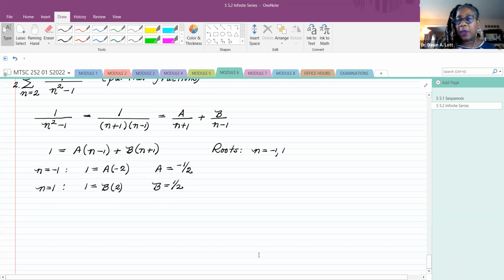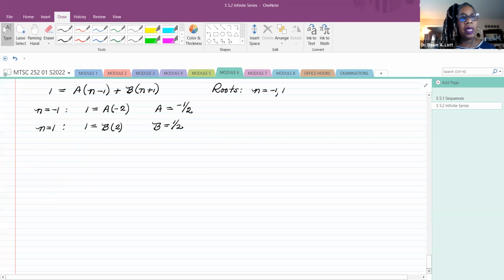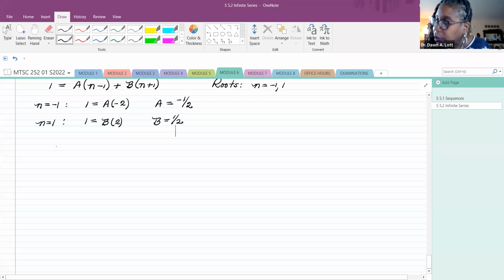Okay, so now that we have that, we're able to say that 1 over n squared minus 1 is equal to A, which is -1/2, over n plus 1, plus B, which is +1/2, over n minus 1.